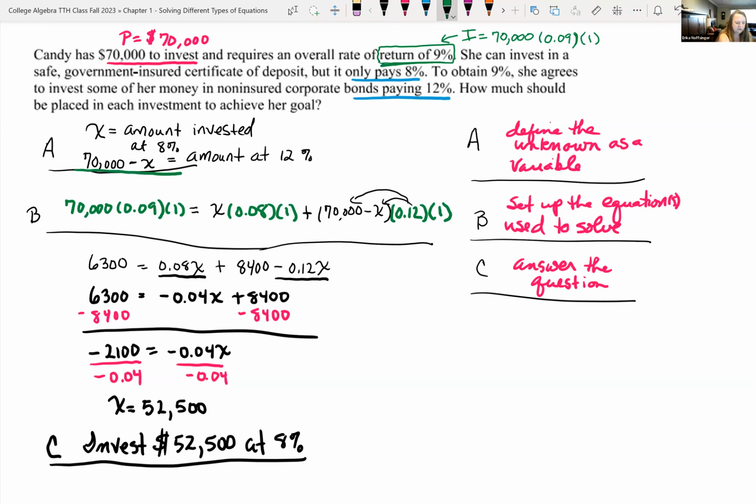Well, for 12%, we're taking the amount that we invested at the 8% and subtracting that from 70,000. So if I take 70,000 minus that answer, we get back 17,500. So invest 17,500 at 12%.